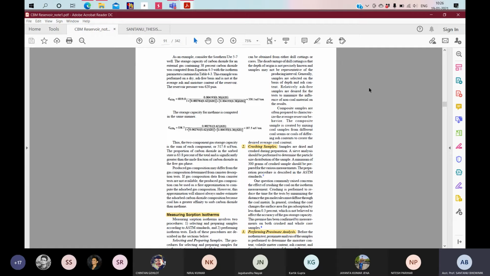So you have to keep in mind first what type of sample you want, whether a core sample, a cylindrical core sample, or powder from drill cuttings, which you then make into a powder sample.